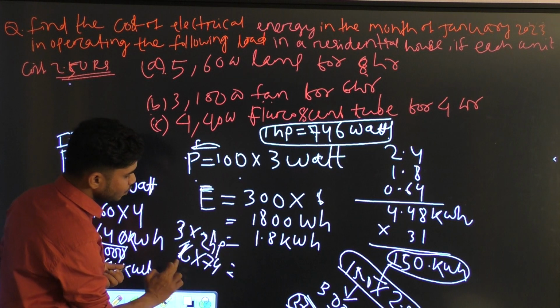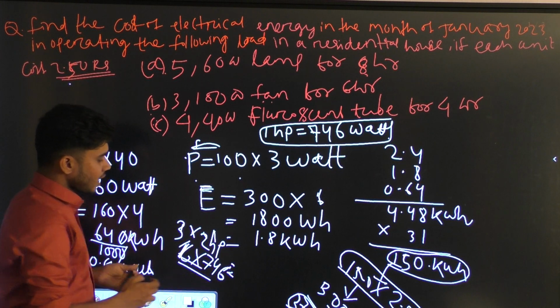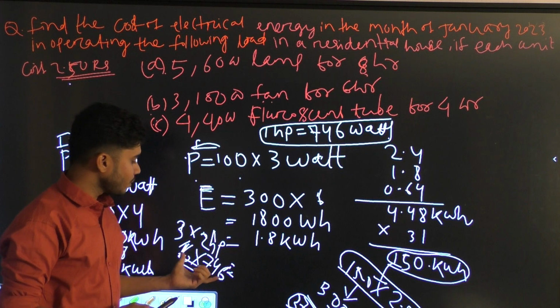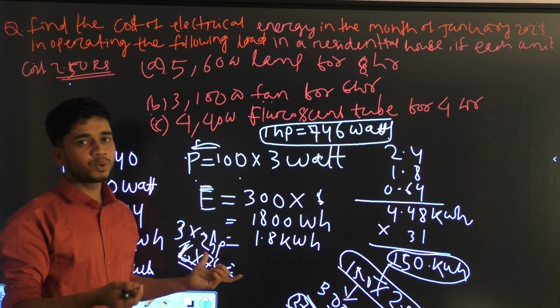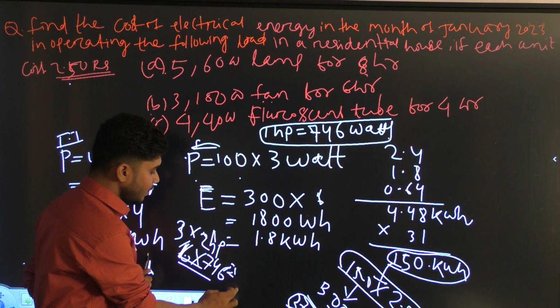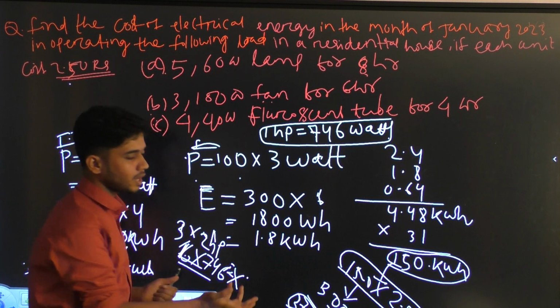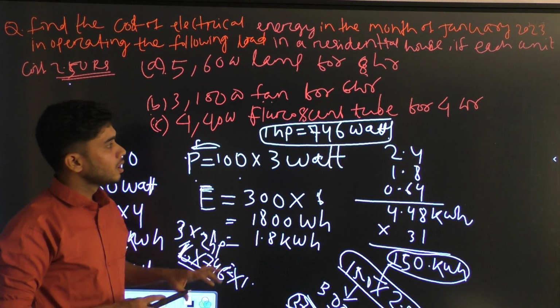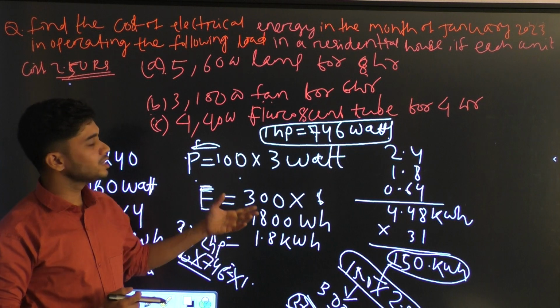So this will give you the total power. And if it is given that they are on for a period of 10 hours, then just multiply it again with 10 to calculate the total energy. This is the way you can solve if the load is a motor load.